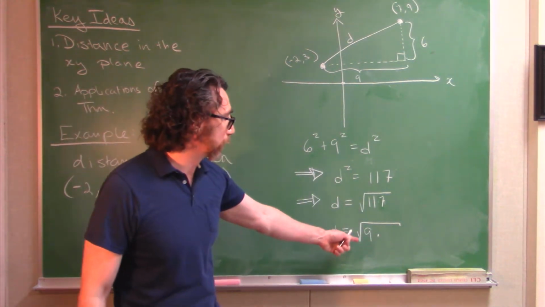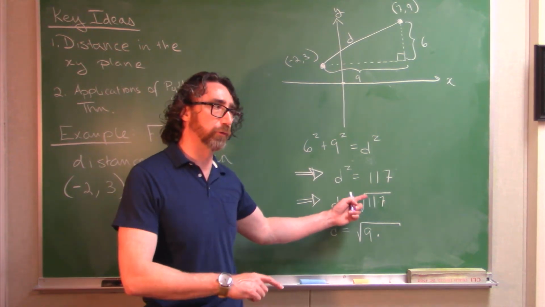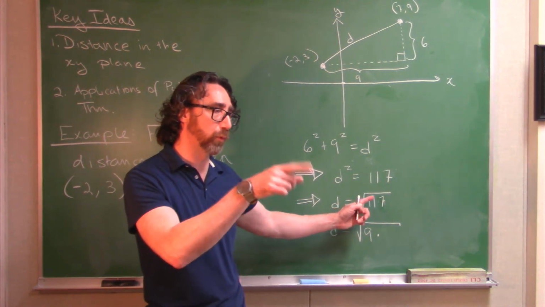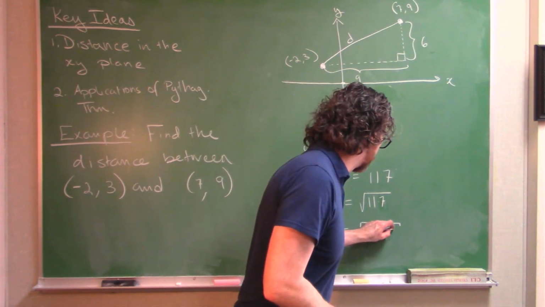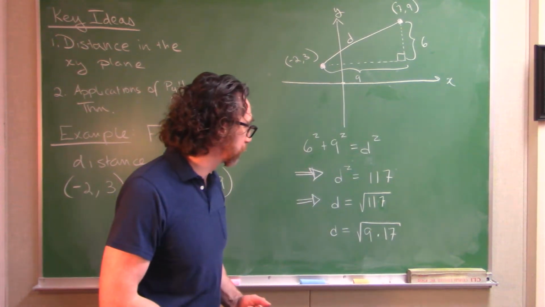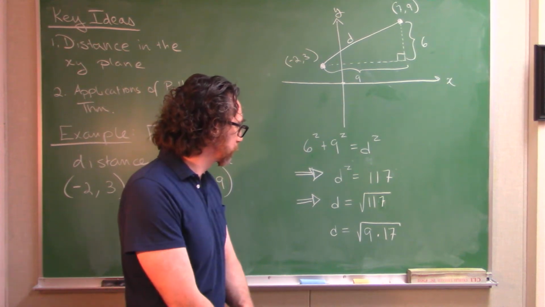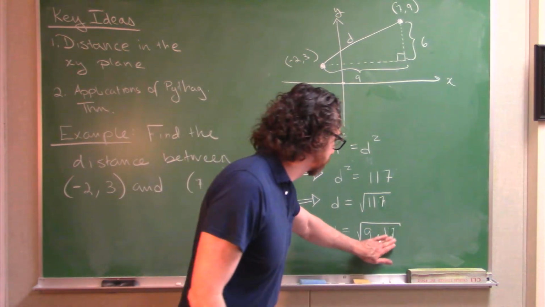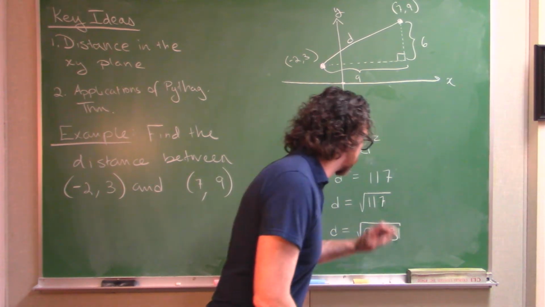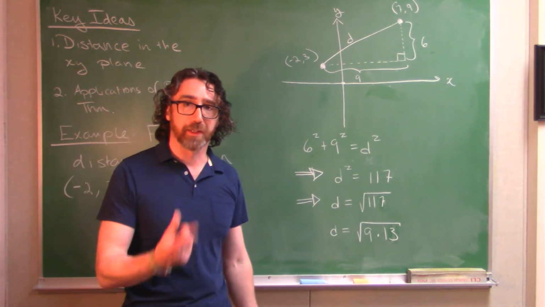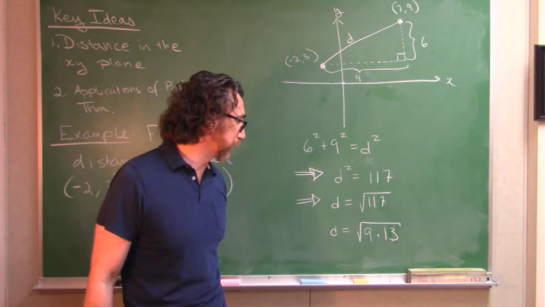Okay, so we're doing 9 into 117. 9 goes into 11 one time, you'd have 27. So 9 times 17. No, that's not right. 9 times 13. Okay, whew. So 9 times 13 is 117.